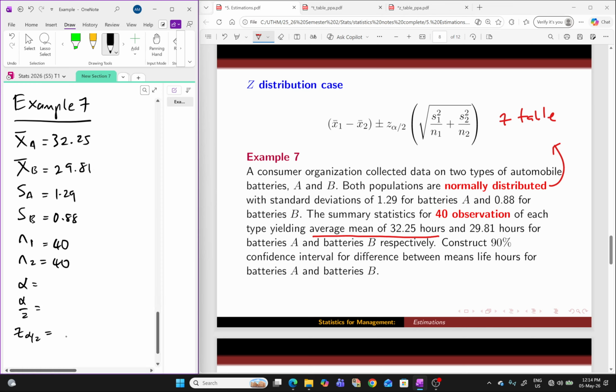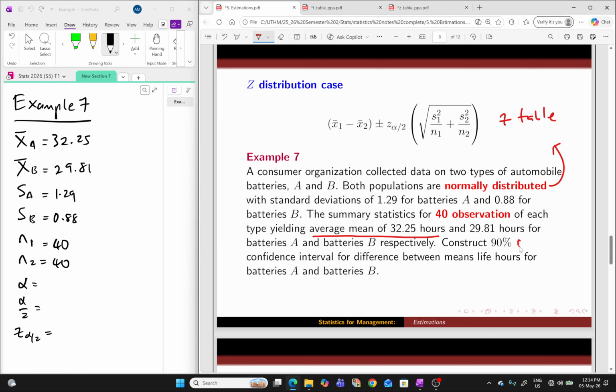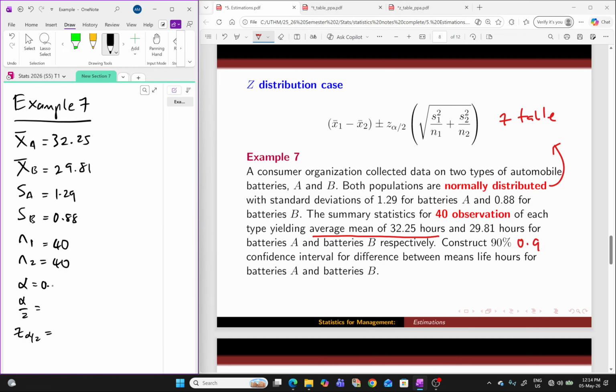So sample info ni penting untuk you buat anggaran approximation for the population. What is the confidence interval? 90, which is 0.9. So alpha should be 0.1. By this time you should know how to calculate alpha.